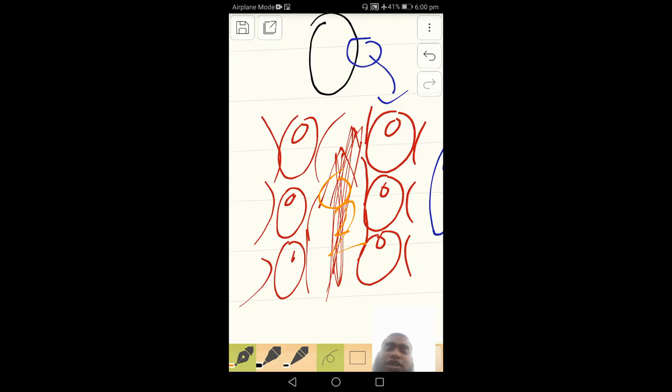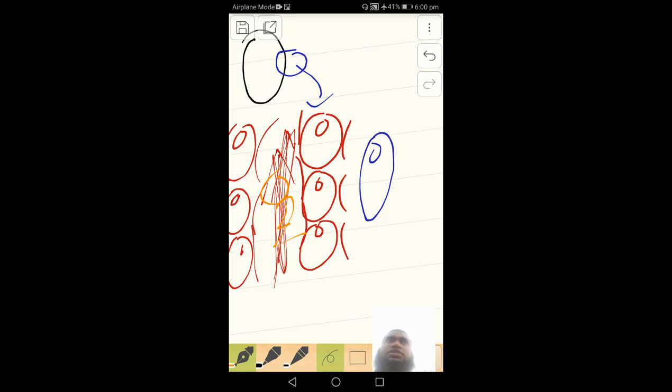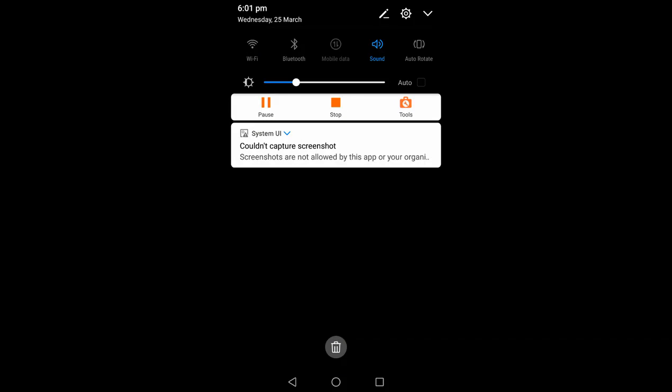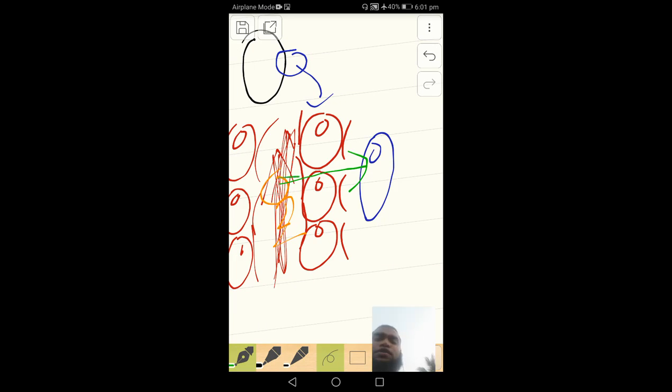And this oxygen has to go to the body cells, isn't it? Now if capillary walls are very thick just like the artery, then it would take a lot of time for the oxygen molecule to pass from the blood vessel into the body cell.